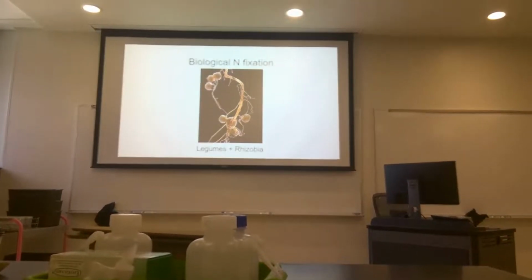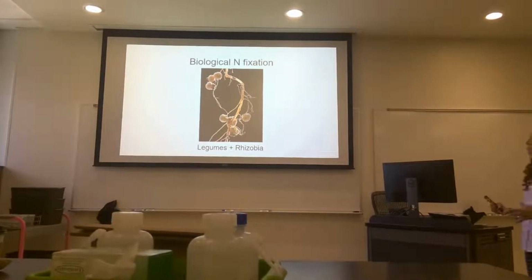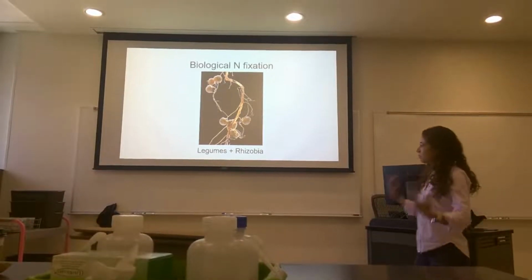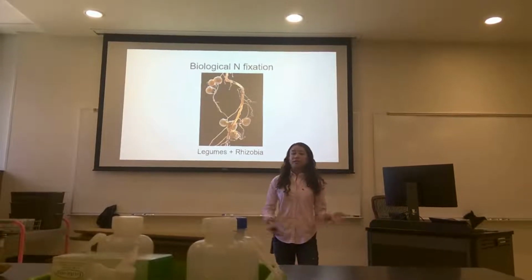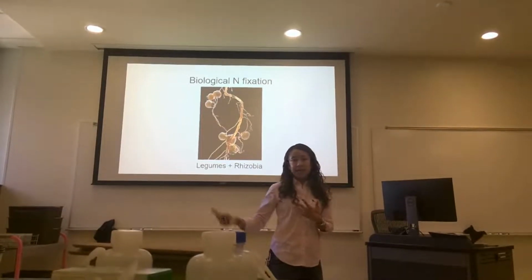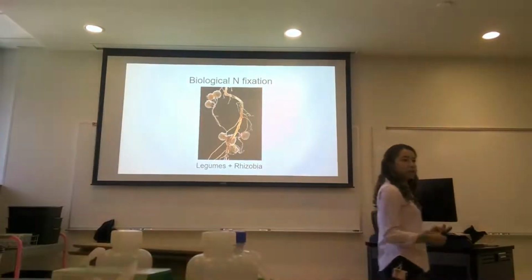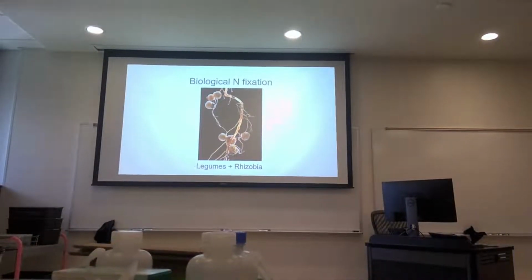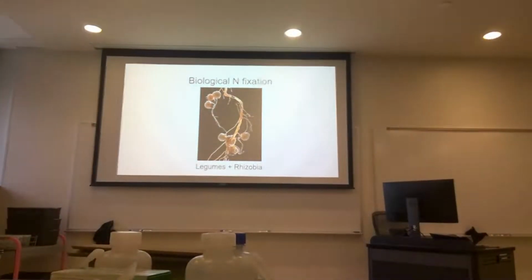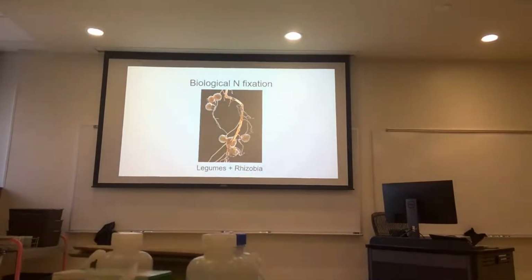This is why if you ever hear about crop rotation, small farmers will tell you, well, plant your season of something and then rotate it with some kind of legume. Why? Because those are the ones that can more easily associate with rhizobia and then fix nitrogen and actually leave some nitrogen in the soil.